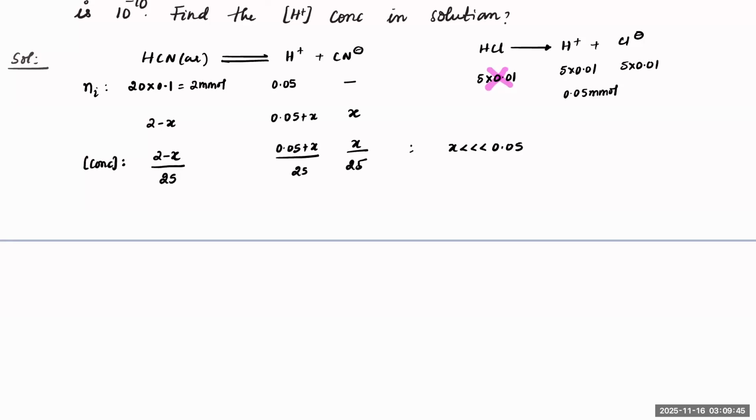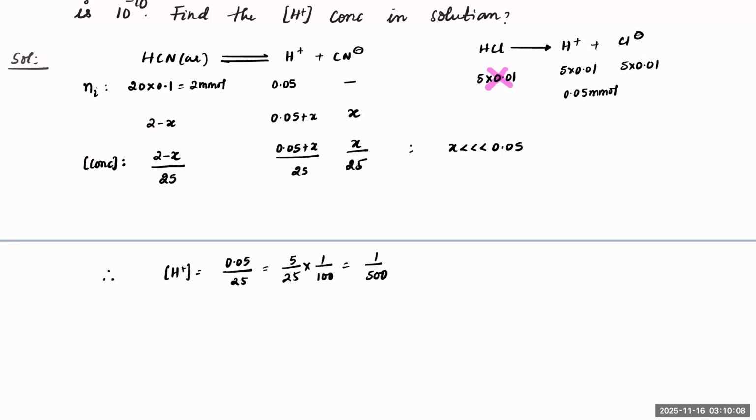Thus, the H plus ion concentration totally will be simply 0.05 divided by 25. So that's it. So 5 by 25 into 1 by 100, correct? So that is equal to 1 by 500.